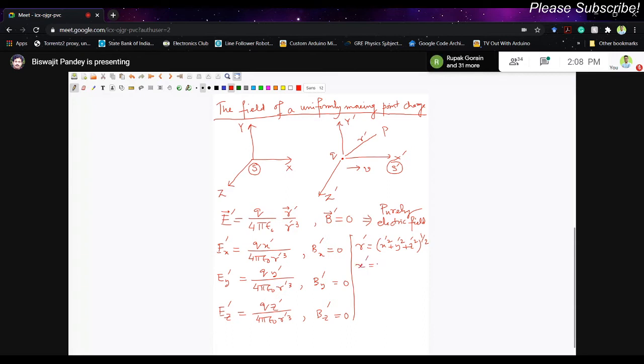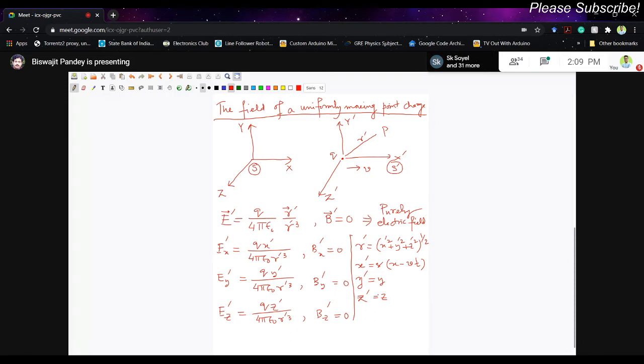If you apply Lorentz transformation, x prime is x minus vt divided by square root of 1 minus v square by c square, or simply gamma, which is 1 by square root of 1 minus v square by c square, times x minus v times t. Y prime won't change, z prime also will not change, z prime equal to z.